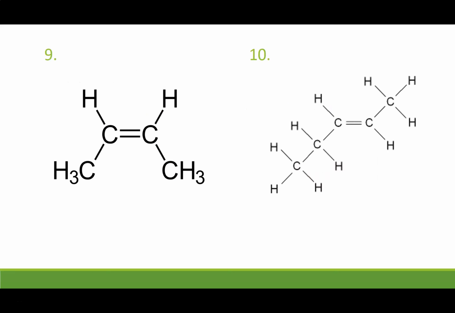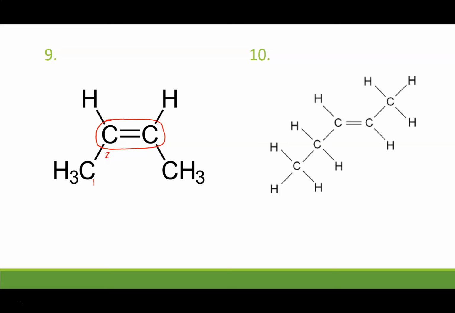Moving on to number 9. In number 9, we got another alkenyl group. And just like with number 8, there are 4 carbons. However, the alkenyl group is now on carbon 2.